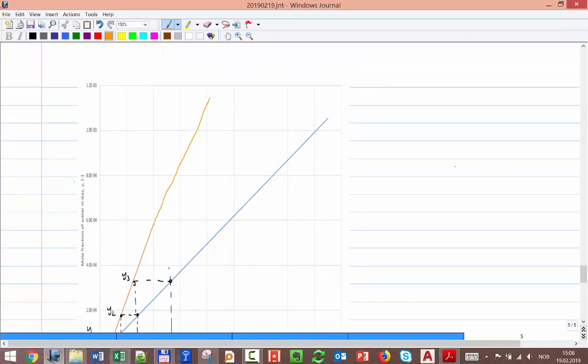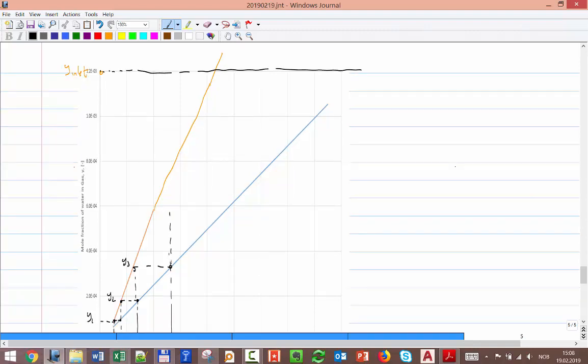Where is the Y inlet that we need? It's around here, that's the Y inlet. So we need 1.2. Then I go up, Y4, X4, until finally I reach higher.